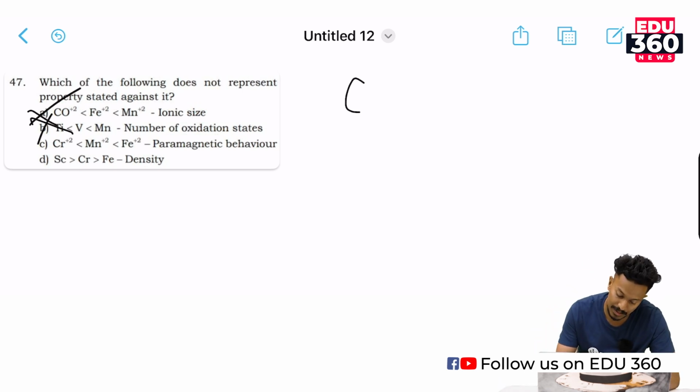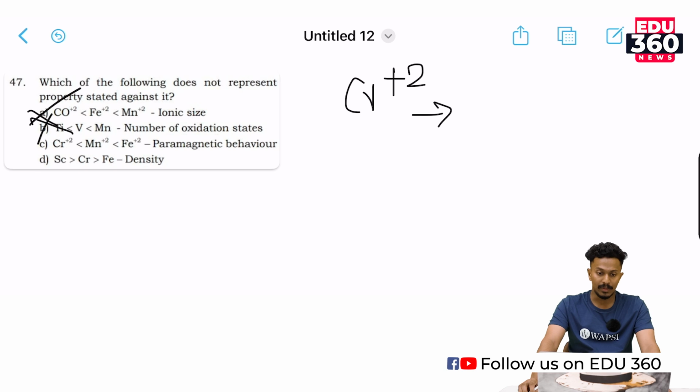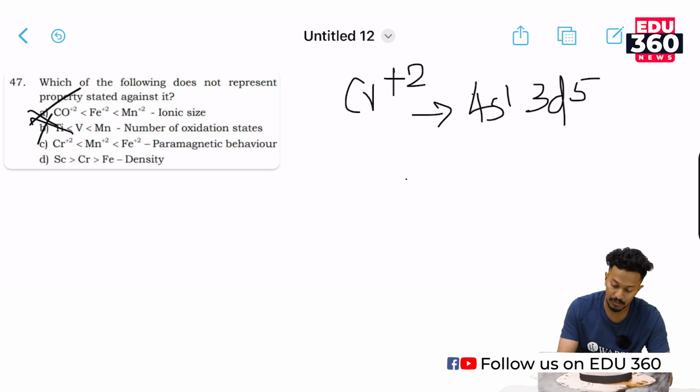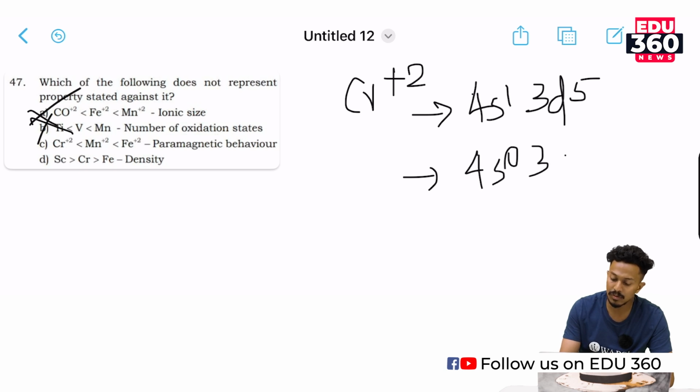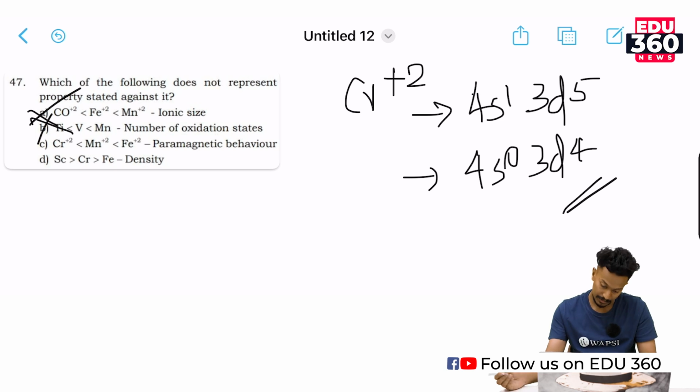Chromium 2+. What is the electronic configuration of chromium? It's actually 3d5 4s1. Removal of 2 electrons gives 4s0 3d4. There are 4 unpaired electrons and it is paramagnetic.